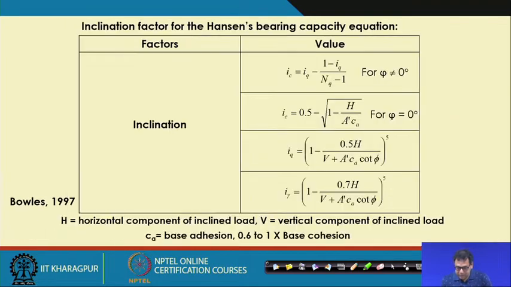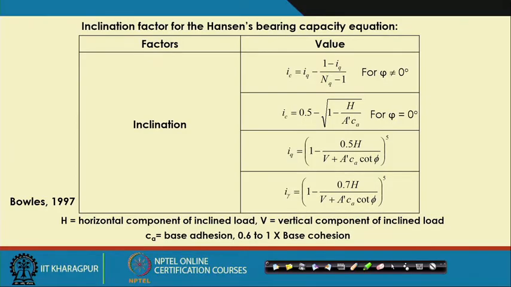Now, in case of Hansen's approach, when I am calculating the inclination factors, we have to use the horizontal and vertical components of the load, because the load is inclined. Here H is the horizontal component and V is the vertical component, and there is a term Ca, which is adhesion.